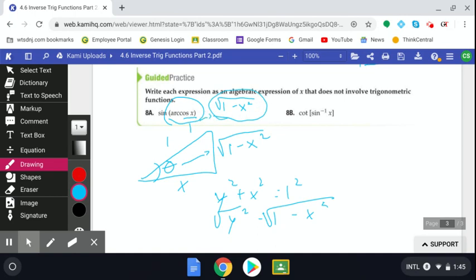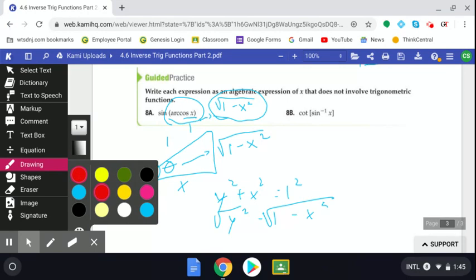For the next problem, they want cotangent of inverse sine of x. So I'm going to do the same thing here. I'm going to draw a little triangle. If I'm talking about this angle over here, then sine would be x over 1, so opposite over hypotenuse. And now this side here would be square root of 1 minus x squared.